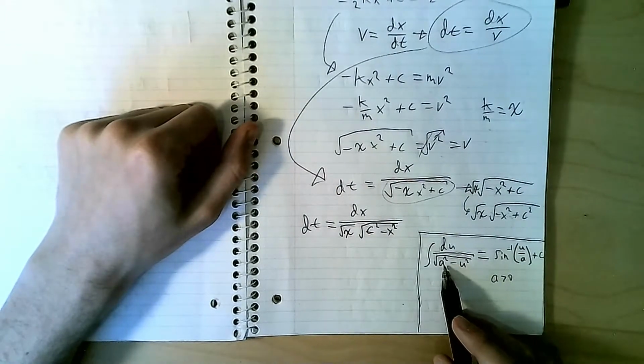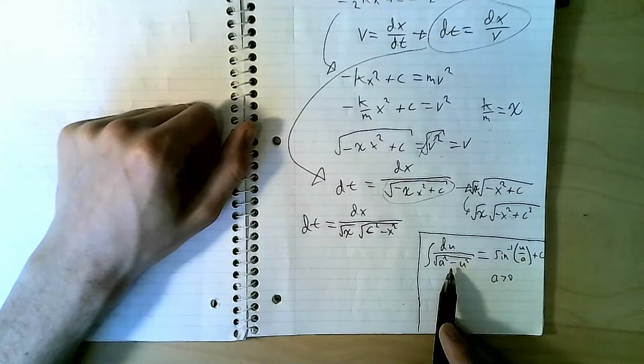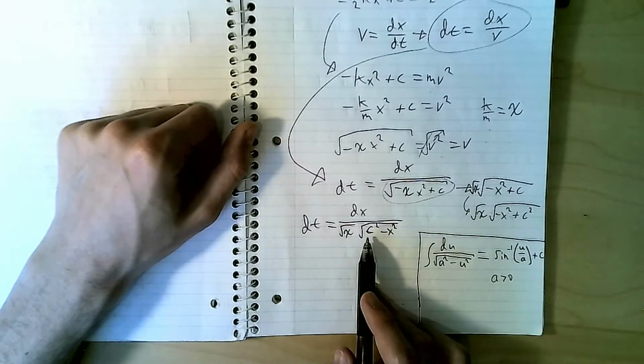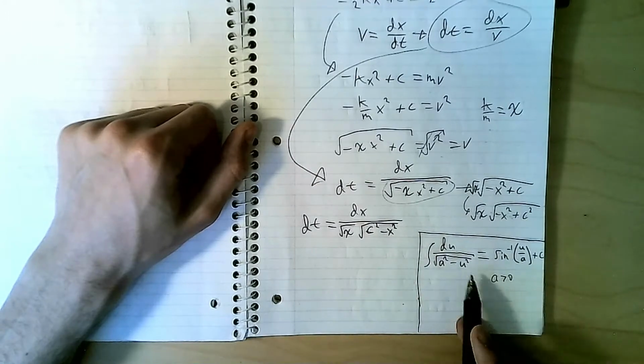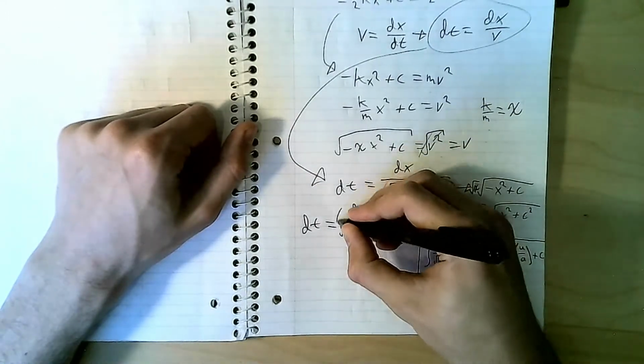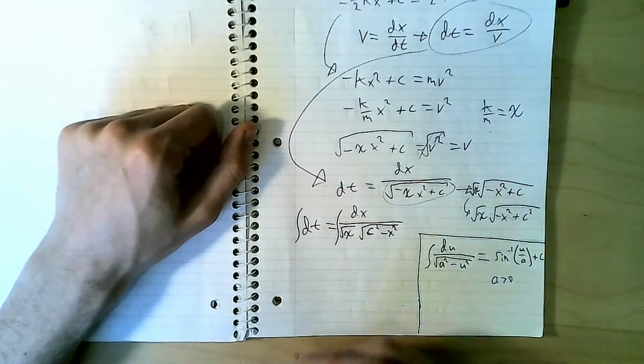Because it just gets squared in here anyway, so I don't understand why that's actually a restriction. Nonetheless, this is precisely the form that we have, with c being a and x being u. And, you know, we're integrating, of course.